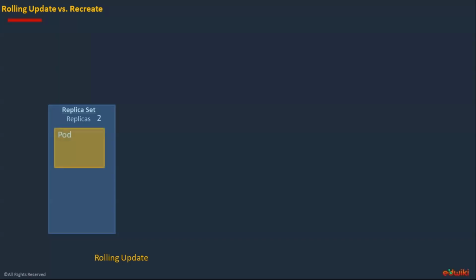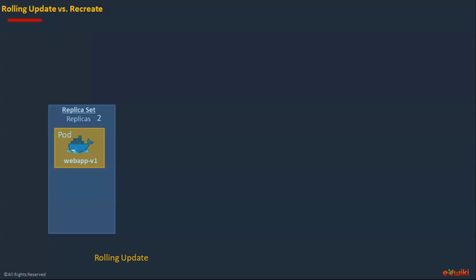The replica set controller will first create a pod and deploy and run a container inside, and the application will be running fine. Let's say I'm calling this application V1. What is V1 here? Let's say this is a web application that you have deployed, running with version 1. Are we good with this?